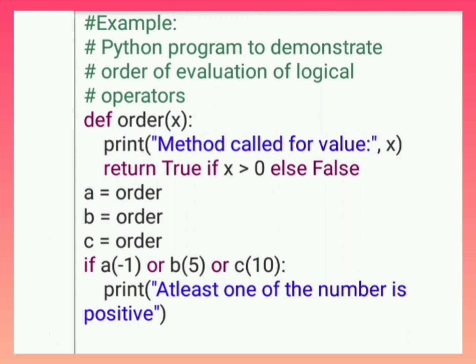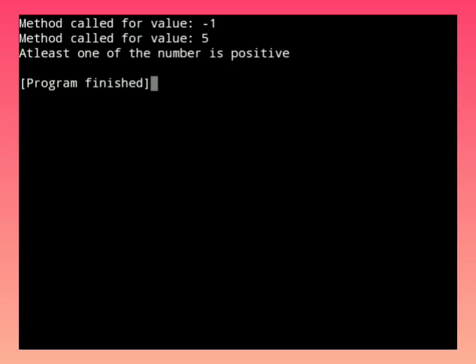Return true if x greater than 0, else false. A is equal to order, B is equal to order, C is equal to order. If A of minus 1 or B of 5 or C of 10, print at least one of the numbers is positive. We get the output as method called for value minus 1, method called for value 5. At least one of the numbers is positive.